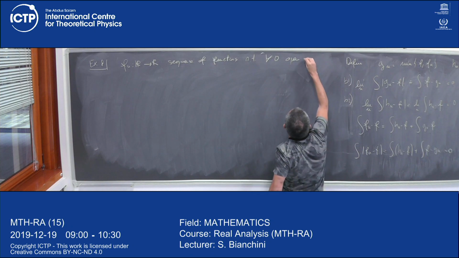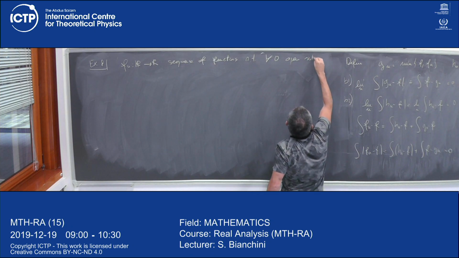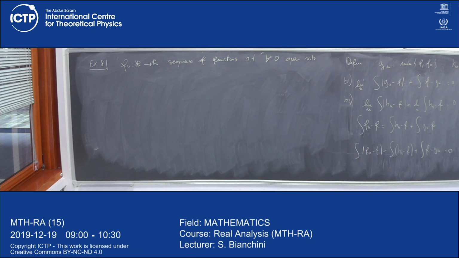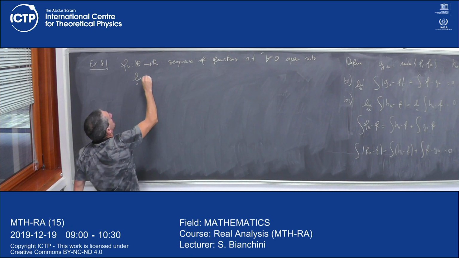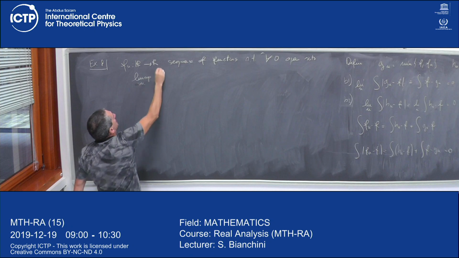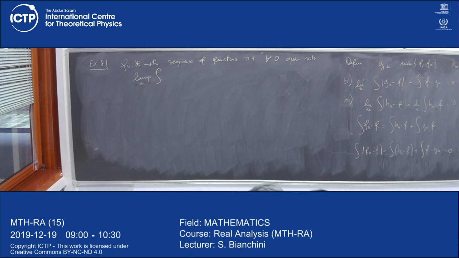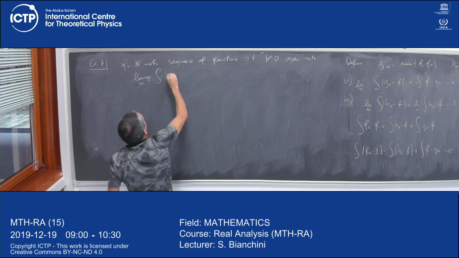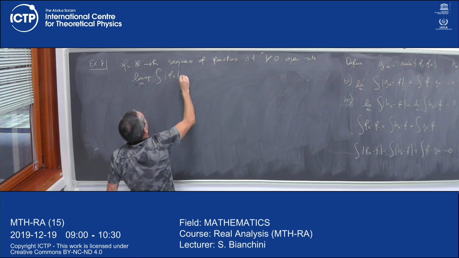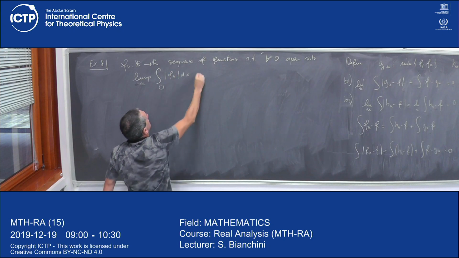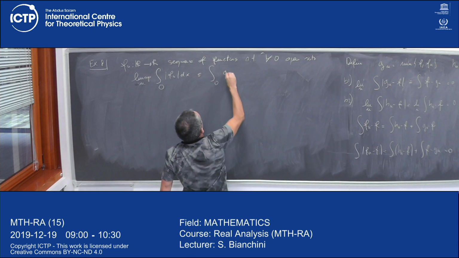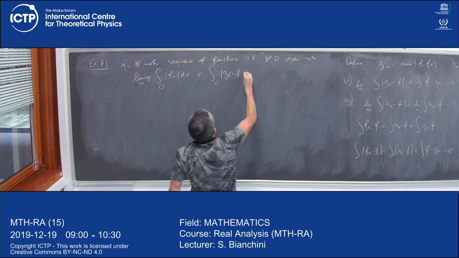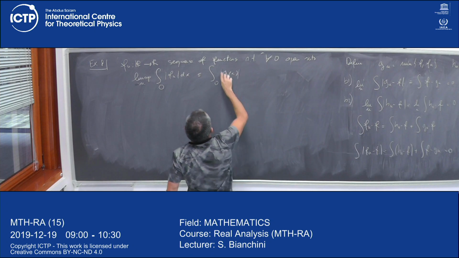Open sets, bounded interval is the same. The lim sup of the integral of the modulus of Fn over O is less or equal than the integral over O of G. So G is positive.